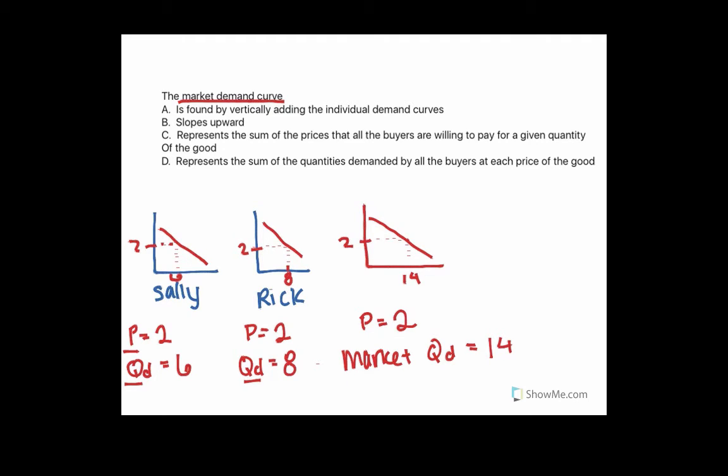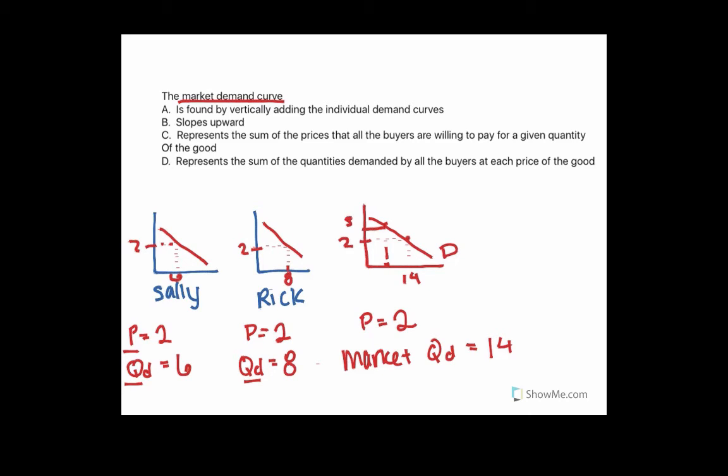And so the way we would create a curve, I know I've sort of already drawn it in, but we would need to be looking at how multiple points bring us different quantities. So we would compare what Sally and Rick's quantity demands are at a price of 3, and so on and so forth, so that we can create an entire curve.